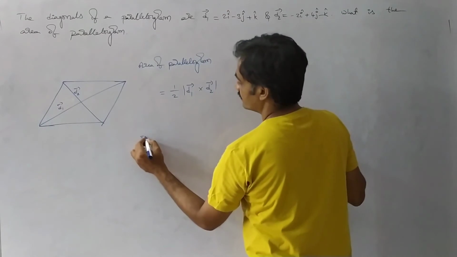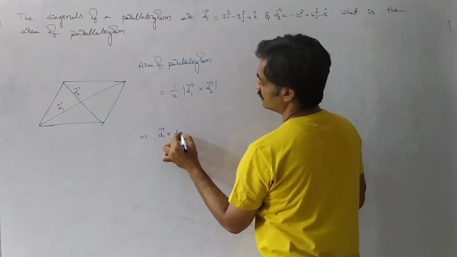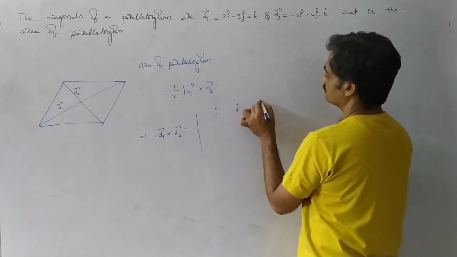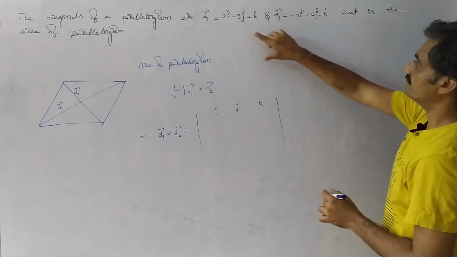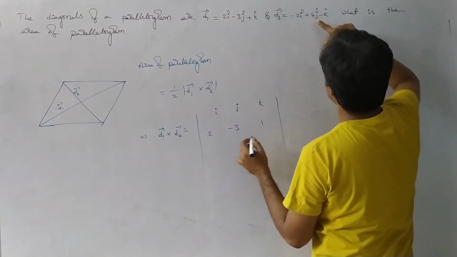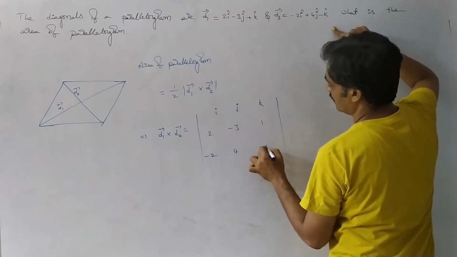In order to find this, the cross product is given as d1 bar cross d2 bar = determinant of i j k, the first vector 2, -3, 1 and -2, 4, -1.